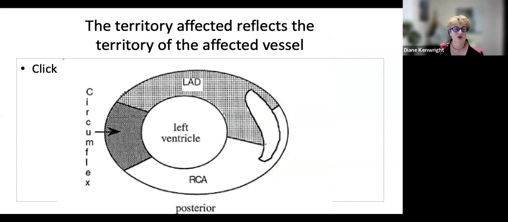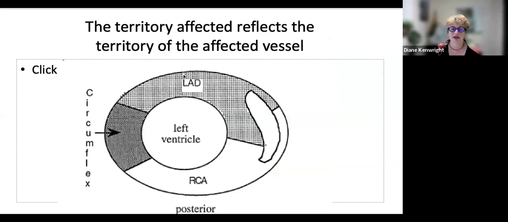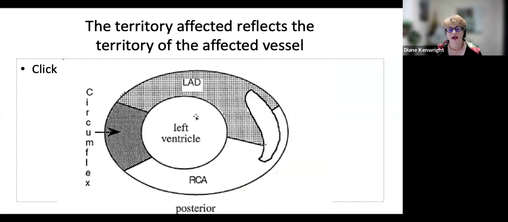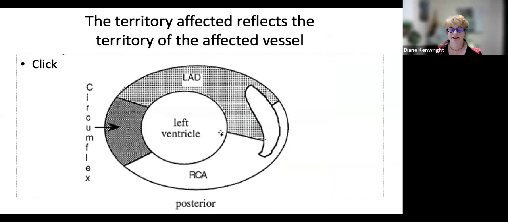A concept that was also introduced to you was about the territories. One artery can get affected at a time, and where the artery is placed affects the myocardium. Of course, left anterior descending, you get the anterior part of the left ventricle affected. This is looking at the heart from the top. Circumflex, lateral.